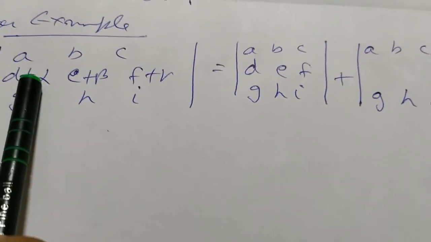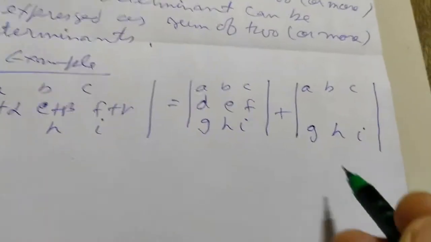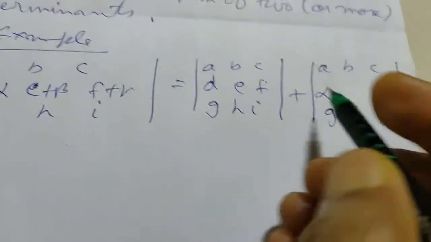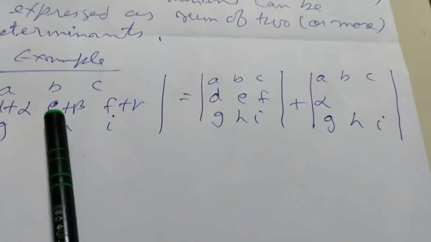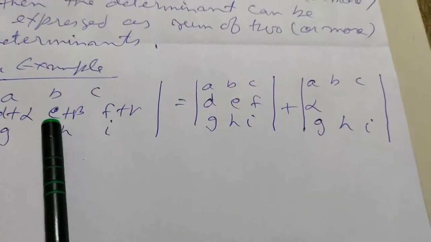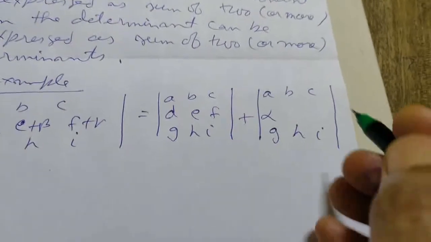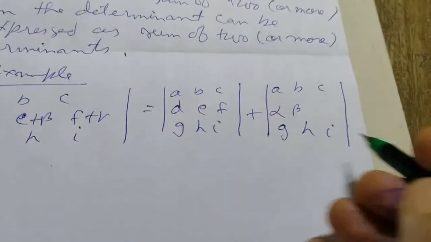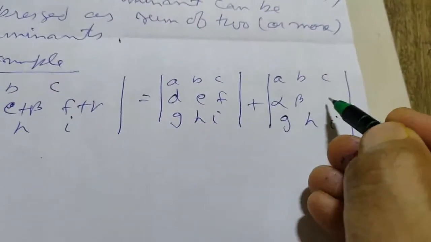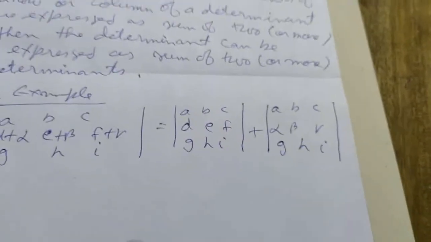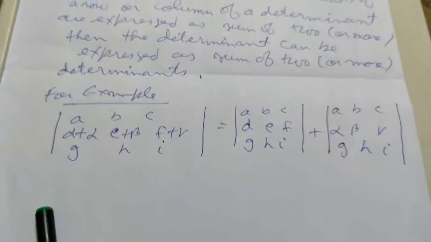First entry is d plus alpha, so d I have written here, alpha will remain in the second determinant. Similarly, the second element of row 2 is e plus beta, so e I have written in the first determinant, and beta I will write in the second determinant. Similarly, f plus gamma, so f is here, gamma I will write here. So this is how we can split a determinant into two different determinants.